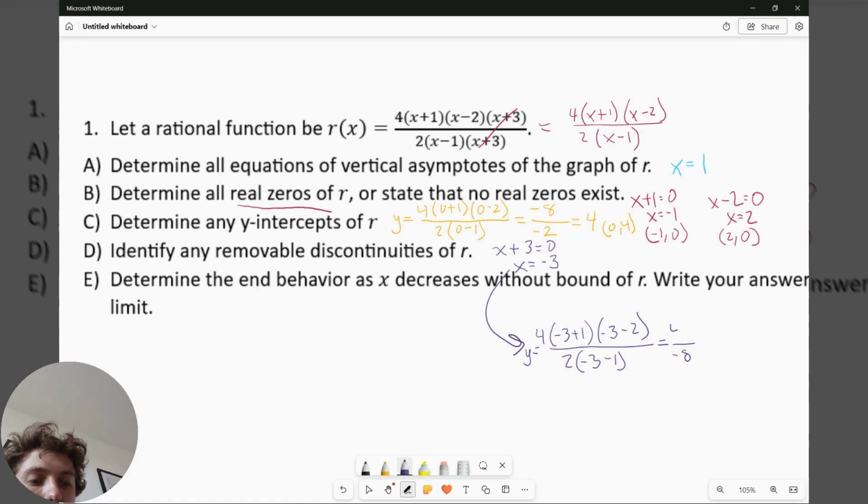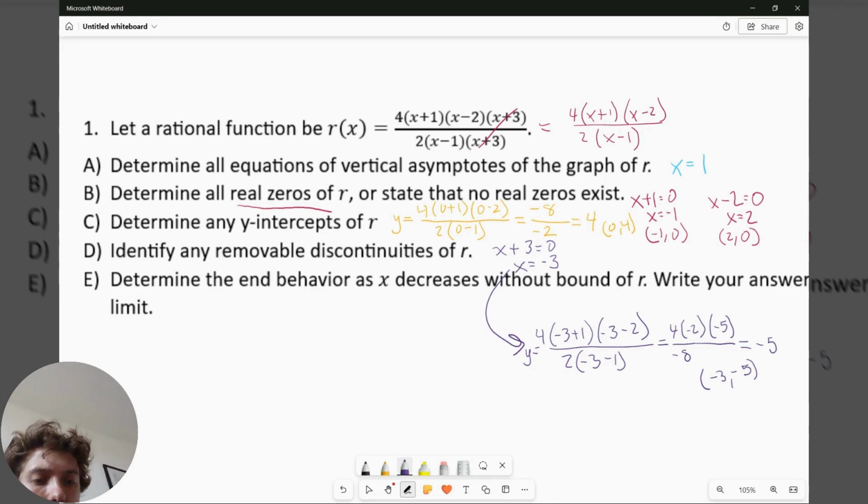The top would be 4 times -2 times -5. If you were to multiply that out and simplify it, I believe that would give you a value of -5. So I believe we have a coordinate for the hole of (-3, -5).